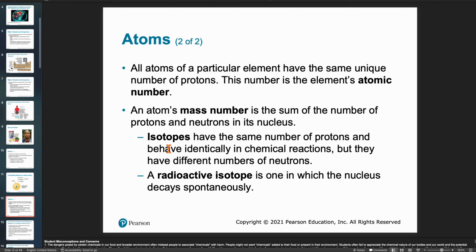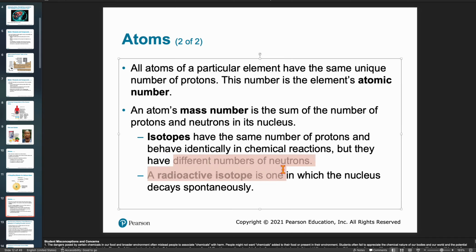So when the weight or the mass changes, what's also going to change? The number of neutrons. Protons never change, right? Protons always are fixed because that's their atomic number.